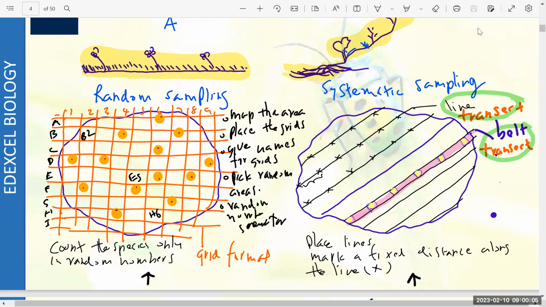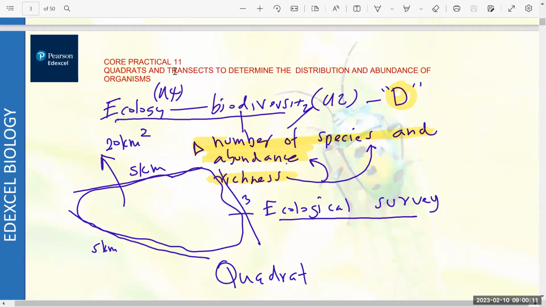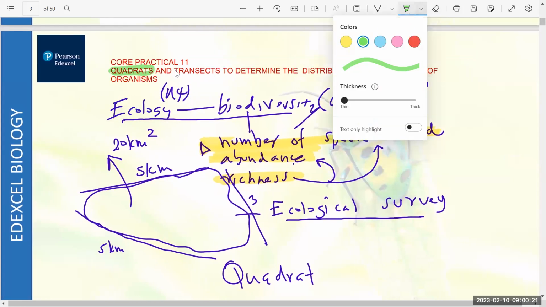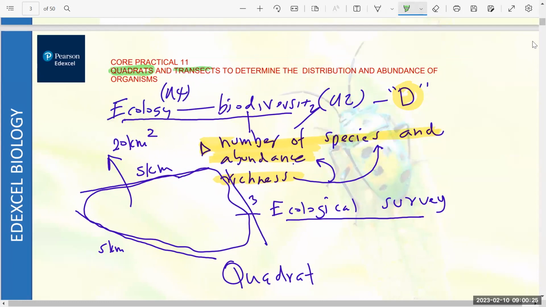What's the topic of the investigation here? Quadrats and transect. So quadrats and transect to determine the distribution and abundance of organisms.